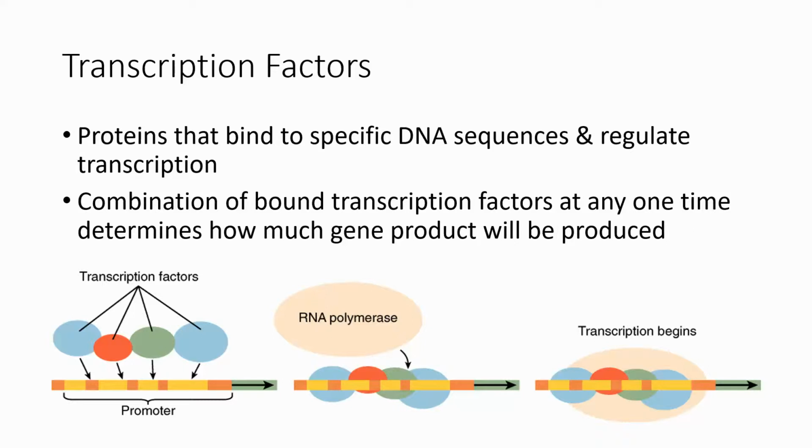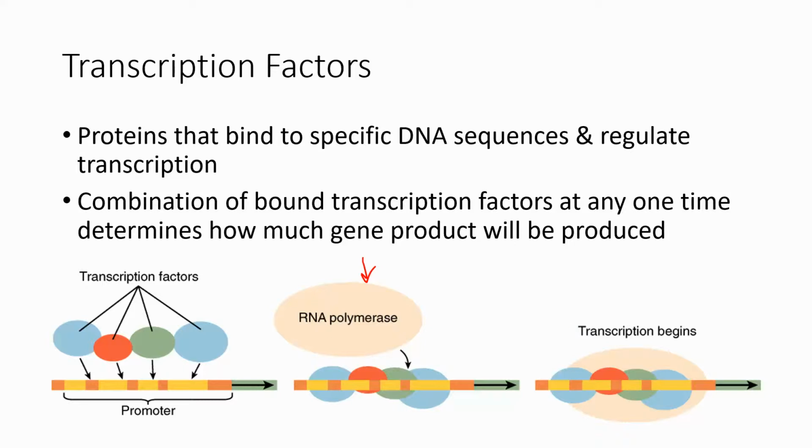Usually when you have particular transcription factors bound to a segment of DNA, they will increase the affinity of that region for RNA polymerase, meaning they'll make it almost more sticky for RNA polymerase to bind. RNA polymerase can then come and bind to the DNA sequence, as you see right here, and can then transcribe the DNA.